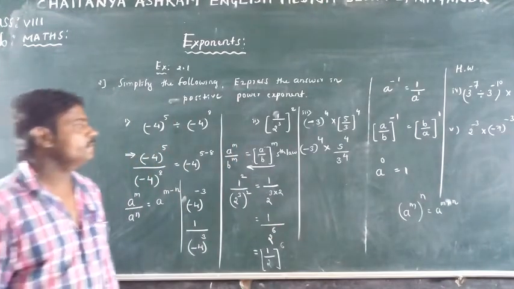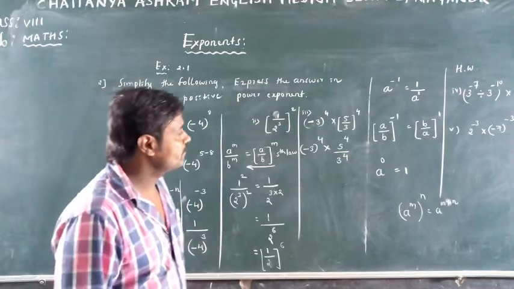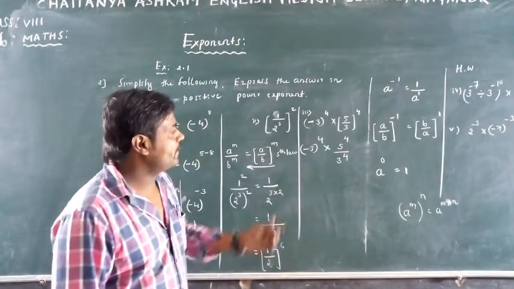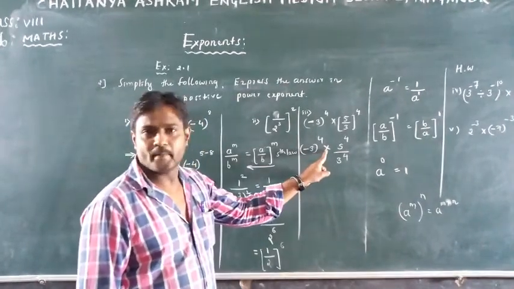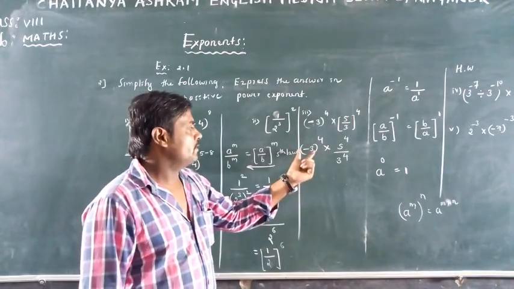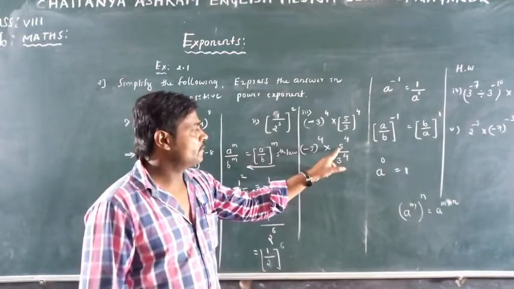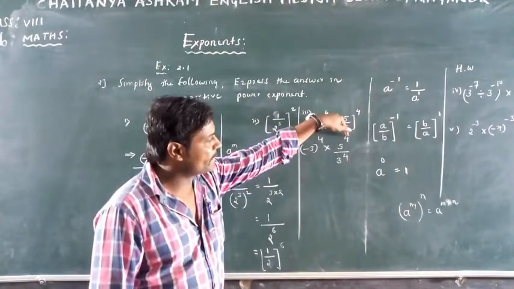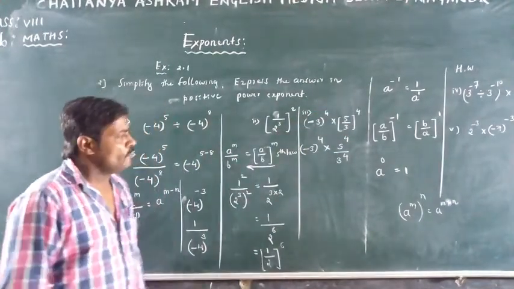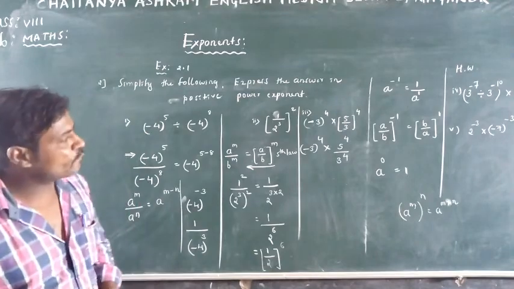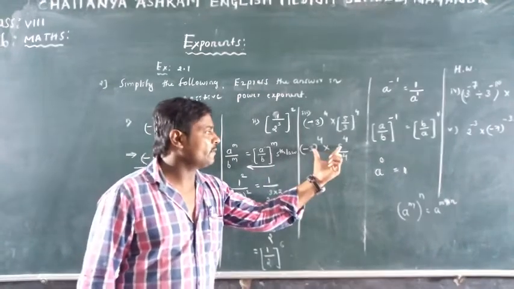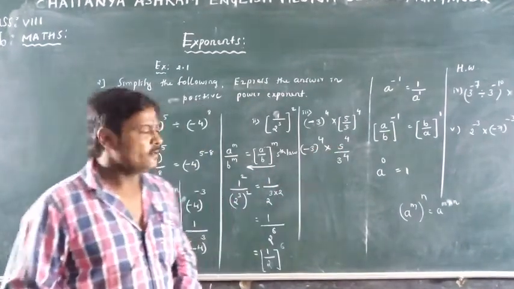Then observe. Here is a product, minus 3 raised to the power 4 and 5 raised to the power 4. So which law helps us to simplify the product of these two exponents?